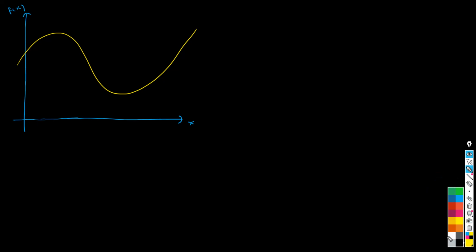The goal for today is to find a formula that could give me, for example, the slope of the tangent to this function at this point, let's call it x1 comma f of x1.